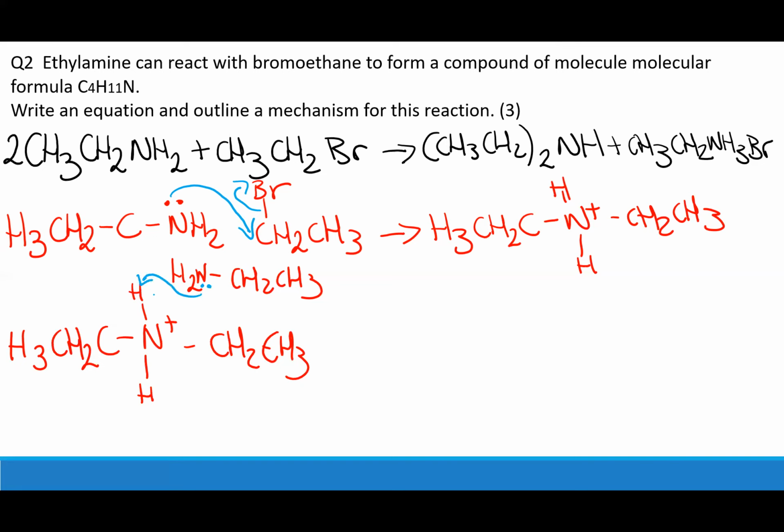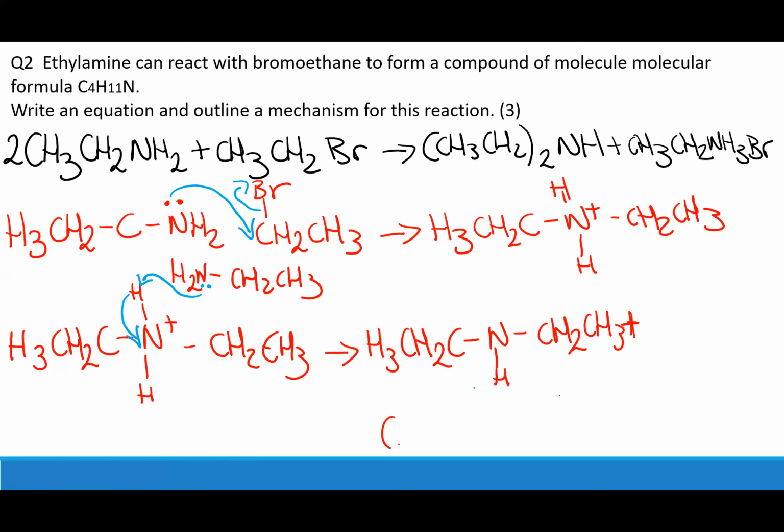Another ethylamine is going to react with the hydrogen, then the hydrogen is going to react, pushing that nitrogen away. So then we get this. Plus, I'm just going to write out the product down here because it's easier. That is amines and amides. And the next session for chemistry, we'll be looking at polymers.